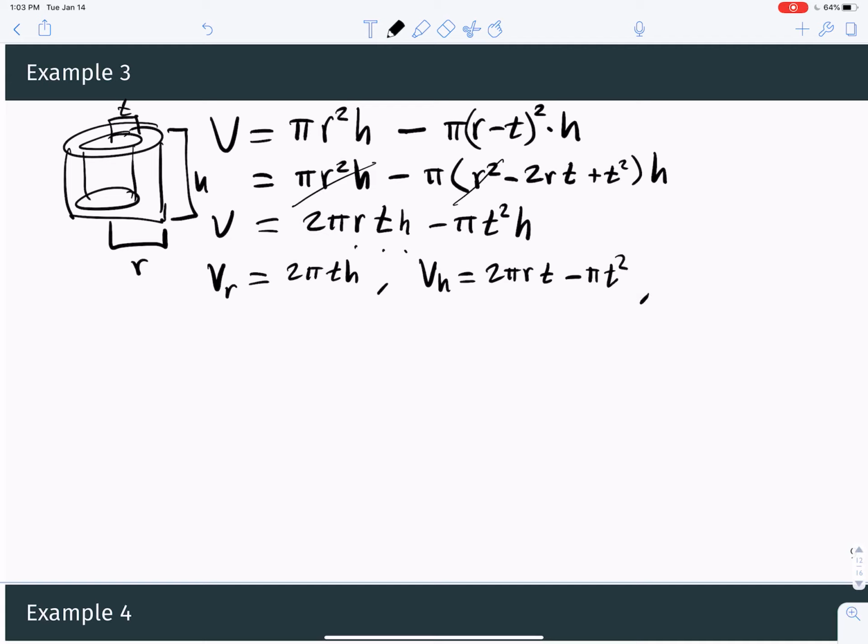And we could figure out Vt, the partial derivative of V with respect to t, which is 2 pi rh minus 2 pi th.